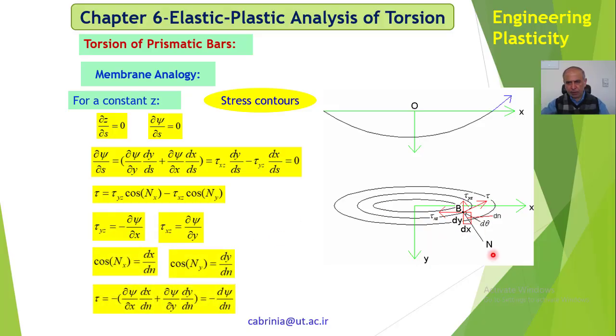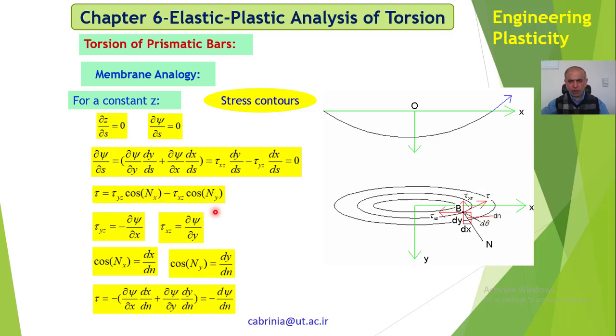Now this n is the normal at this contour at an arbitrary point b. So we would like to know what the stress is. So the stress here at this point b is tau yz in that direction, tau xz in that direction.